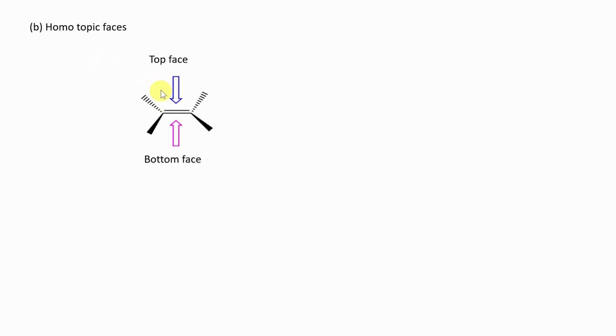See, for example, it is the top face of the alkene and it is the bottom face of this alkene containing this carbon-carbon double bond. Then similarly, in this alkene, it is the front face of this pi bond or double bond, and it is the back face of the double bond.